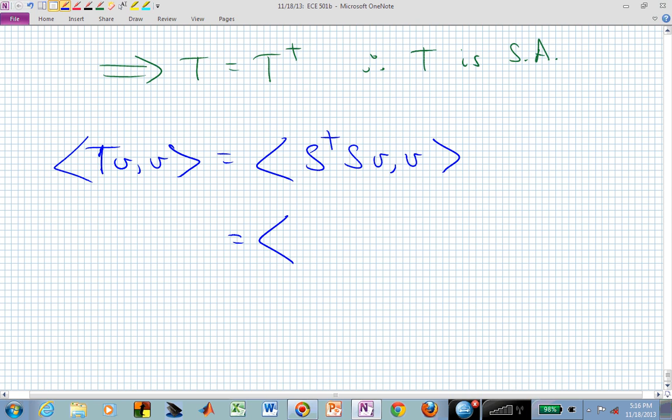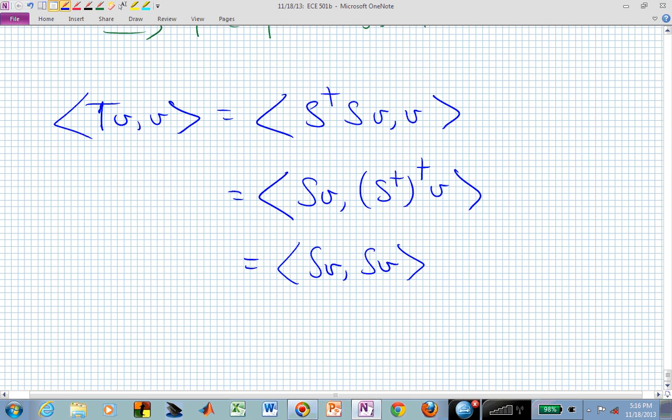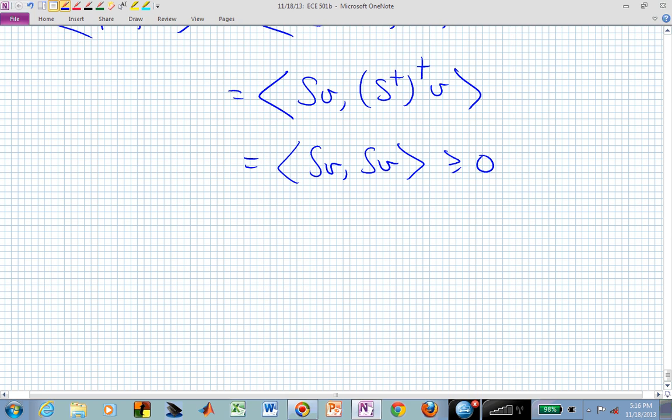And the adjoint of S dagger is S. So now we have SV, S dagger dagger V. But that's just SV, SV, which is non-negative by the positivity of the inner product. So we're done. Let me just write that down.